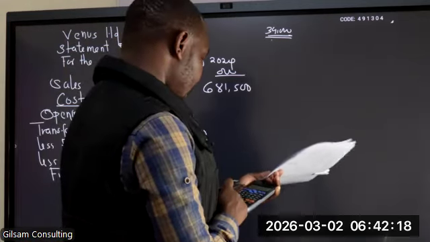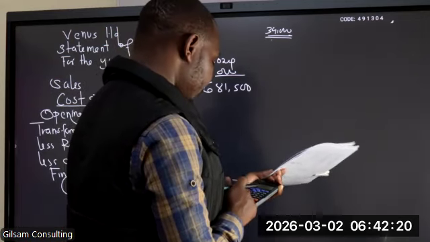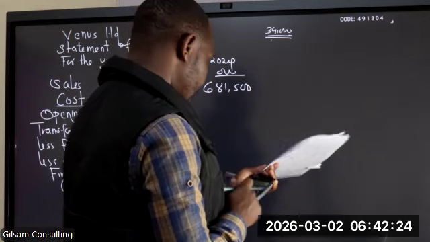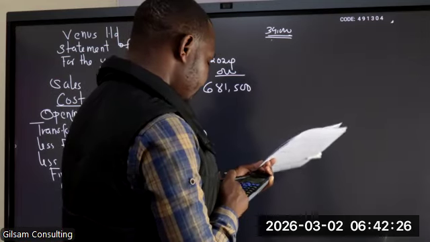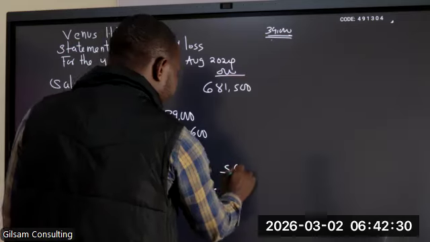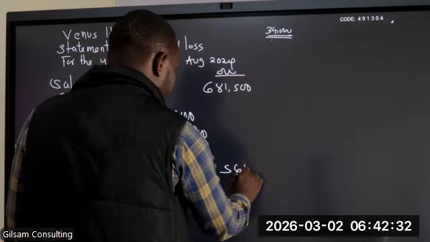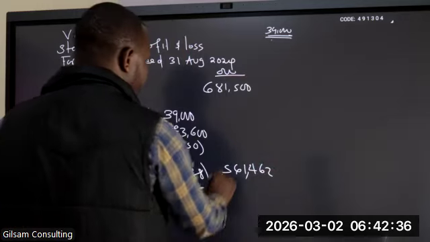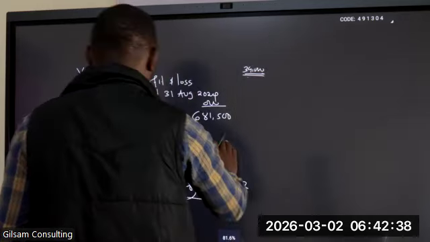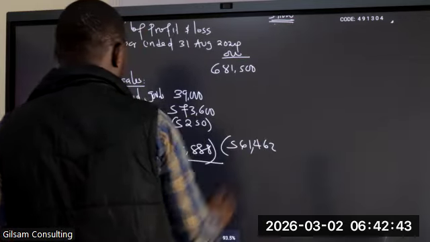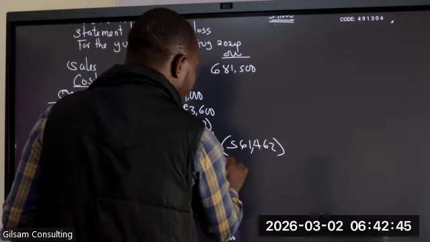So 39,000 plus 573,600 minus 5,250 minus 45,888 to give us the cost of sales. We subtract to get gross profit.